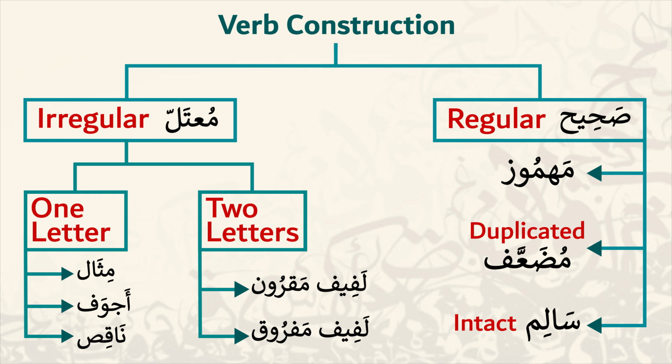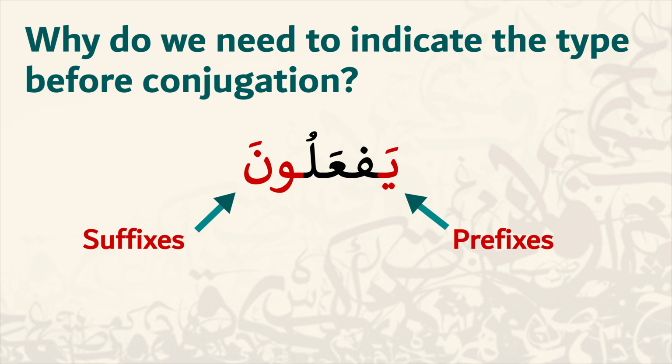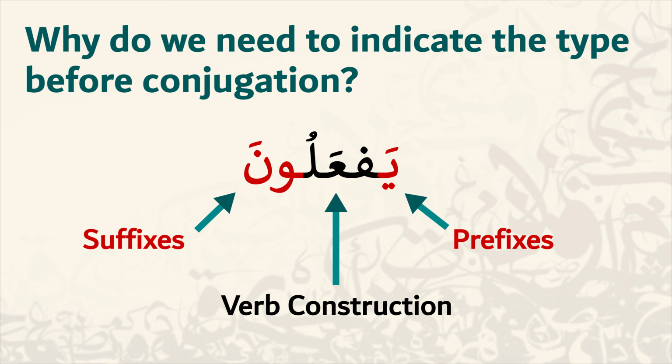So why is this classification important in verb conjugation? In other words, why do we need to indicate the type exactly, regular or irregular, before conjugating the verb? Well, if you recall from the previous lesson, verb conjugation is nothing but adding suffixes and prefixes to the verb, so its construction will change according to the added pronouns, and so will its pronunciation.